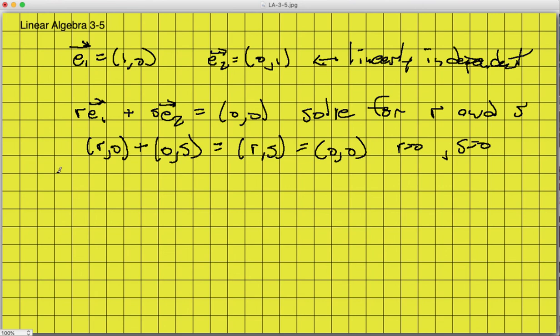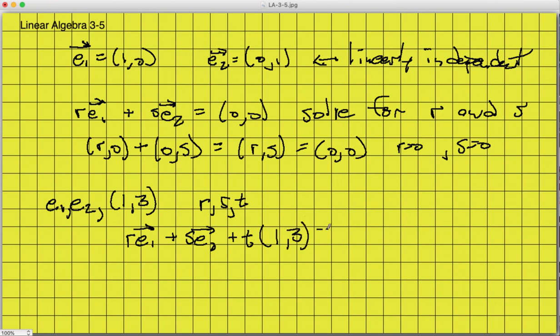Okay? But what if I were to do this? Suppose I were to look at e1, e2, and I also considered the vector (1, 3). Now, what would it mean for them to be linearly independent? Well, now I'm looking for three numbers, r, s, and t, such that r times e1 plus s times e2 plus t times (1, 3) is equal to (0, 0).